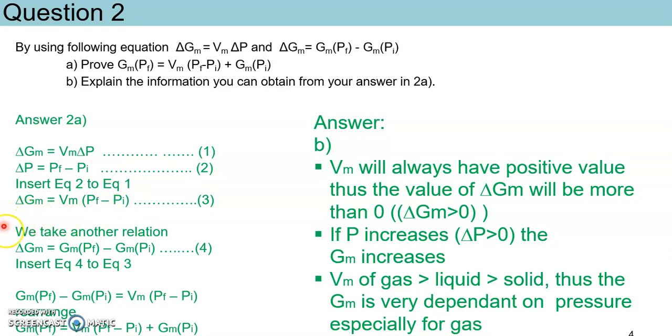Then we can take another relation, where delta molar Gibbs energy equal to molar Gibbs energy at final pressure minus molar Gibbs energy at the initial pressure. We label it as equation 4, and then we try to insert equation 4 into equation 3.